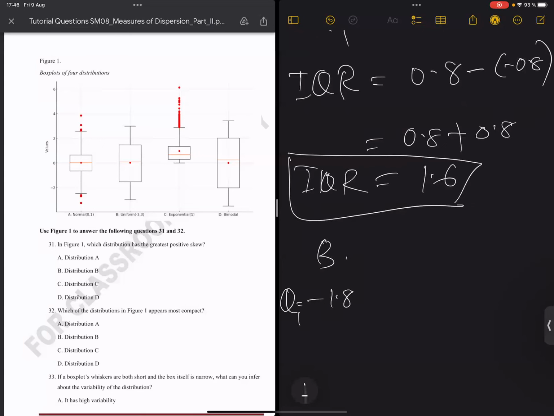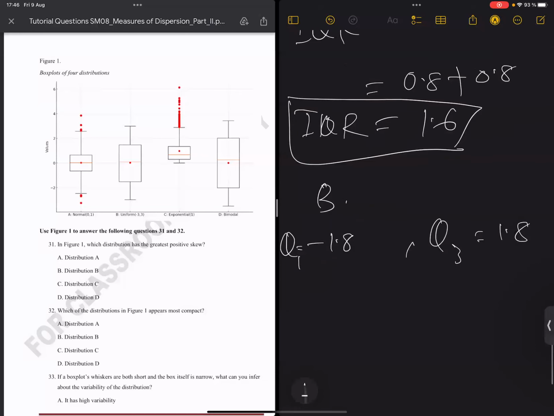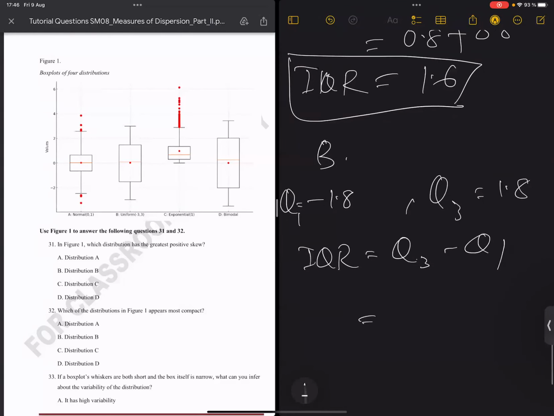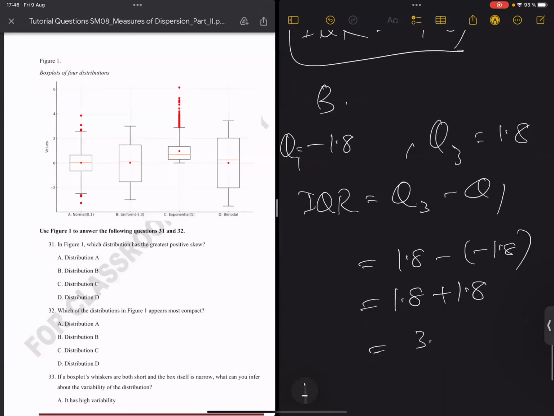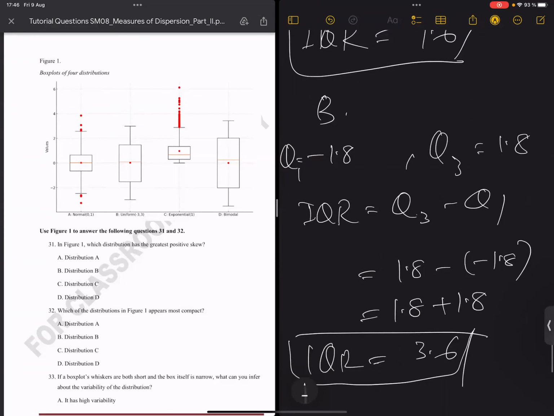The upper end of the box is also close to positive 2. Let's say Q3 is 1.8. So IQR is Q3 minus Q1, which is 1.8 plus 1.8, which is 3.6. So that means 50% of the data set in distribution B falls within the range of 3.6.